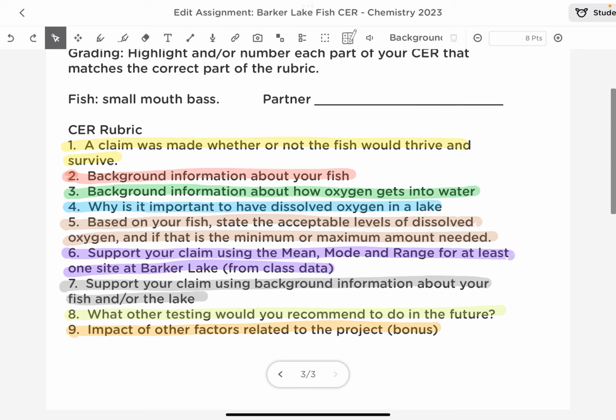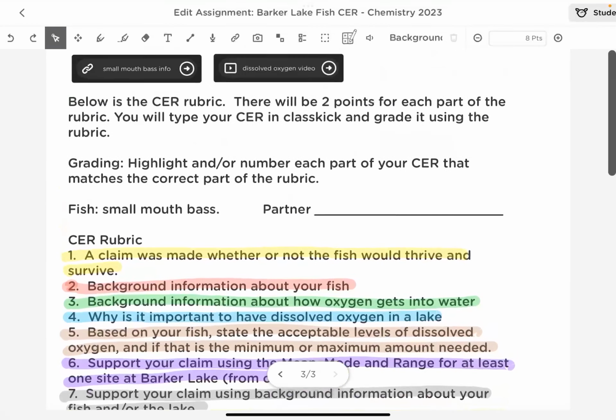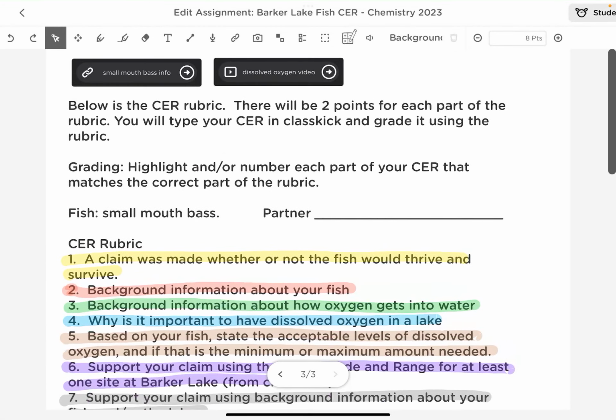What does it eat? What are some predators for it? What kind of environment does it like? And then specifically, how much oxygen it needs to thrive and survive. And so that's what we have as far as background information from number two. Background information about how oxygen gets in the water. We watched a video in class, which we've got linked up here at the top as well.